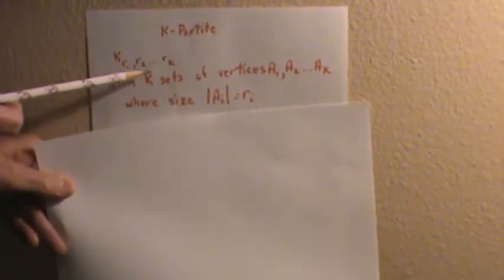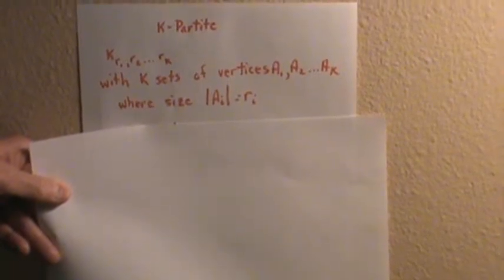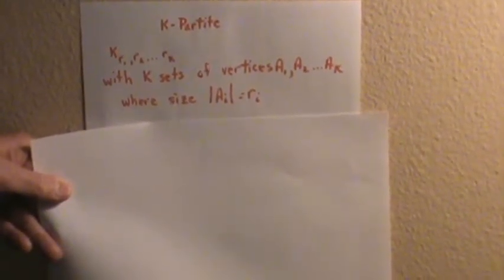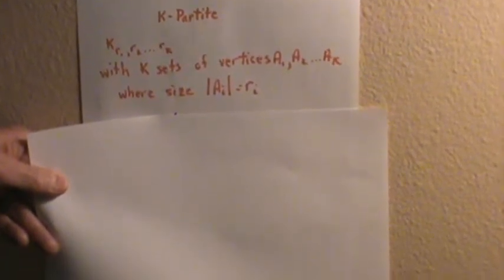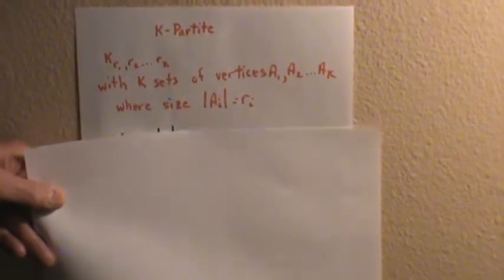As we look at a k-partite, what we want to know is K sub R sub 1, comma R sub 2, dot, dot, dot, up to R sub k, with the k sets of vertices A sub 1, A sub 2, up to A sub k, where the size of A sub i is denoted as R sub i.